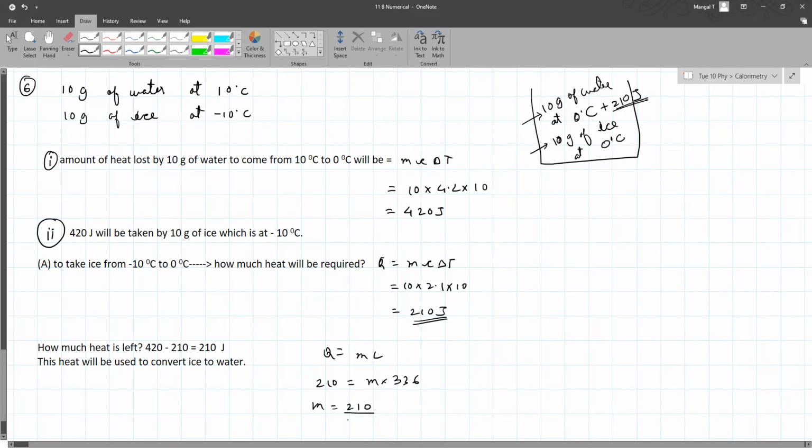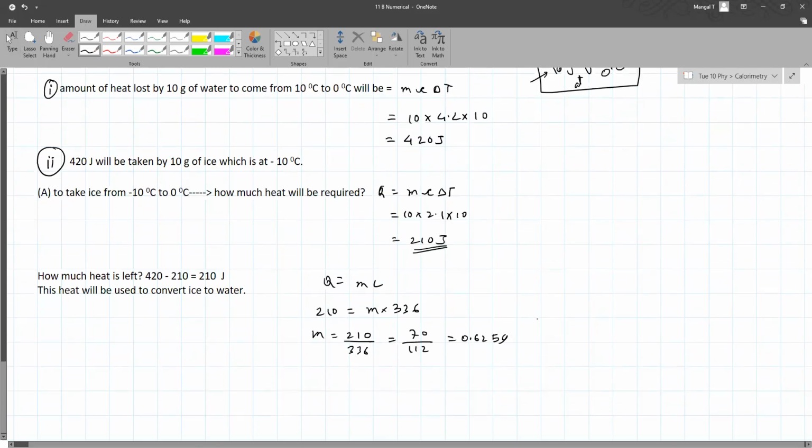So m will be 210 upon 336. Now this calculation, if you do 3 sevens are 21, you get it as 0.625 grams. That means 210 joule can melt 0.625 grams of ice.